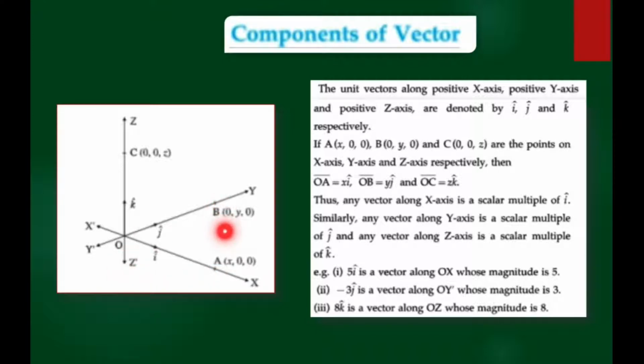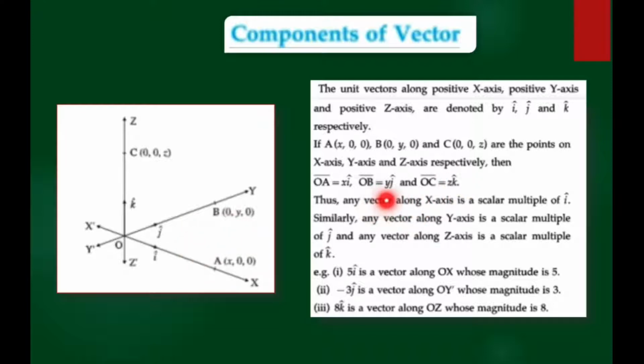Similarly, this point B is on the positive y-axis, so its coordinates are (0,y,0). On the y-axis, x and z coordinates are 0. So while writing the vector OB, we use y j cap.